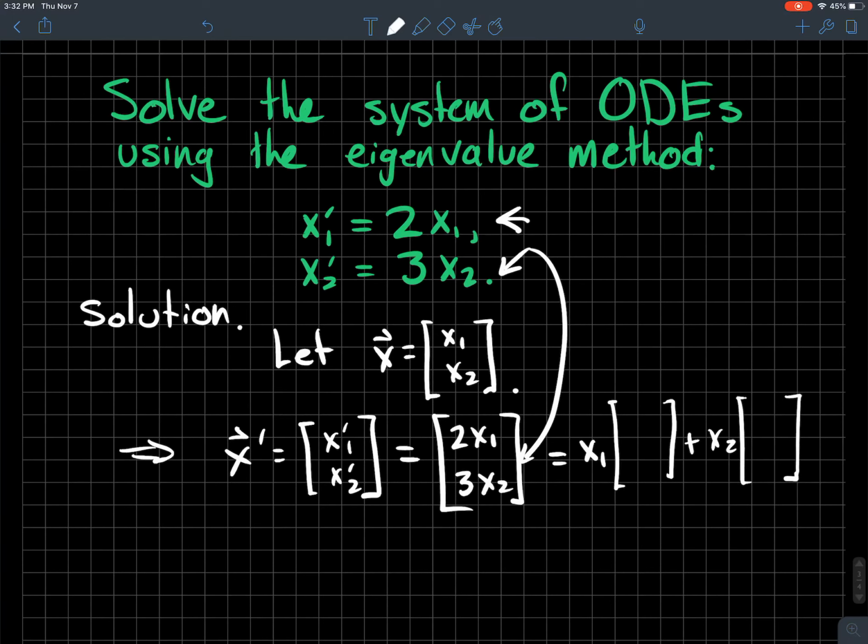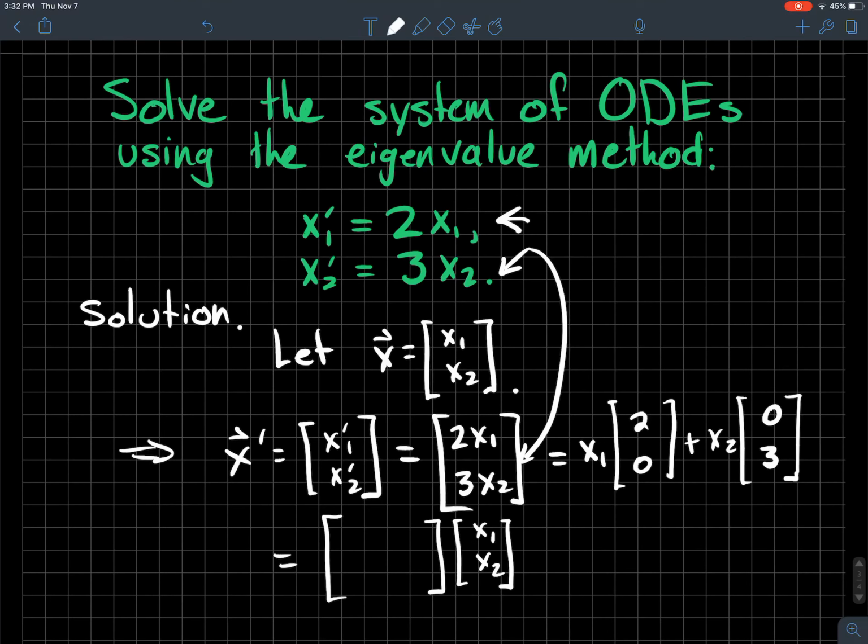So in order for this to make sense, you're going to need a 2 at the top and a 0 at the bottom. You're going to need a 0 up here and a 3 down here. What you're going to notice is that this is a linear combination of two vectors, so we can rewrite this as a matrix times the vector x1 and x2.